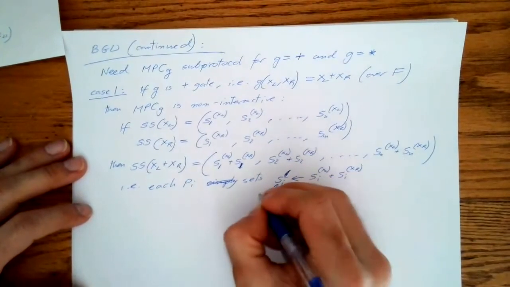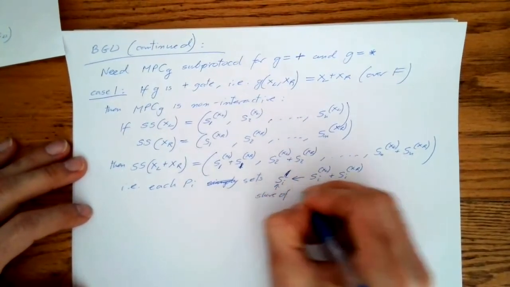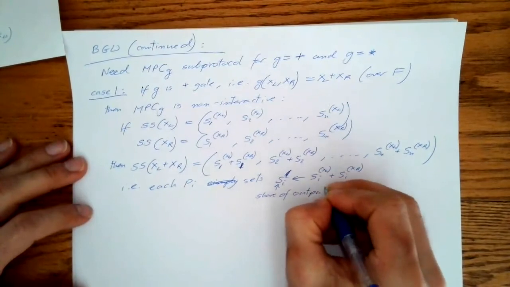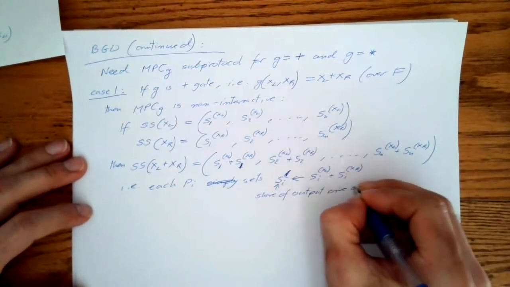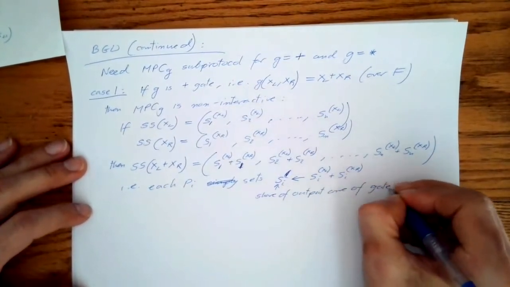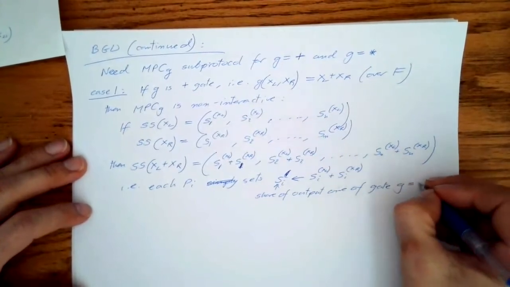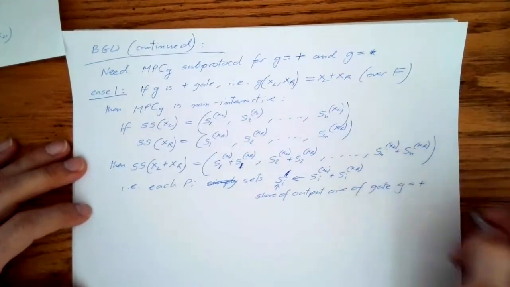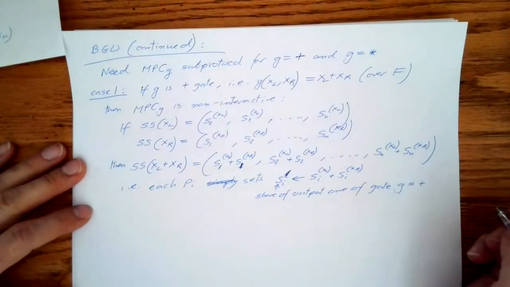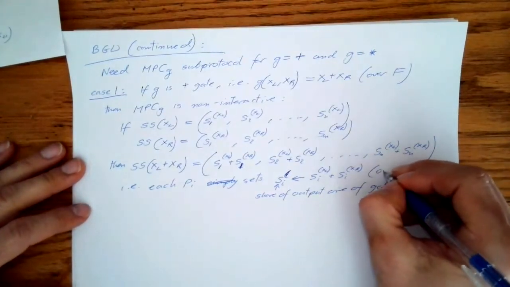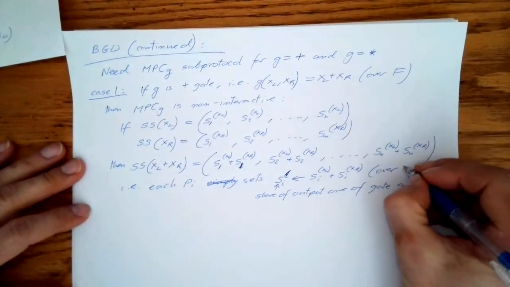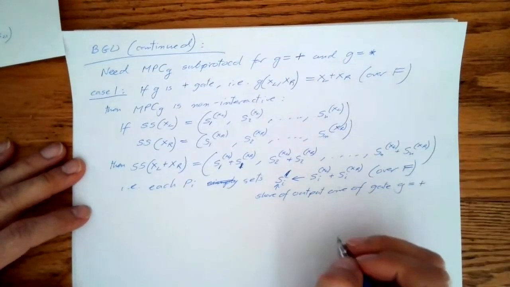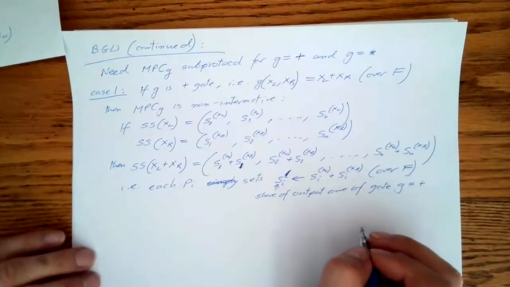So this is the share of the output wire of gate G, which is a plus b. Okay. And of course, all the numerical operations are over field F.